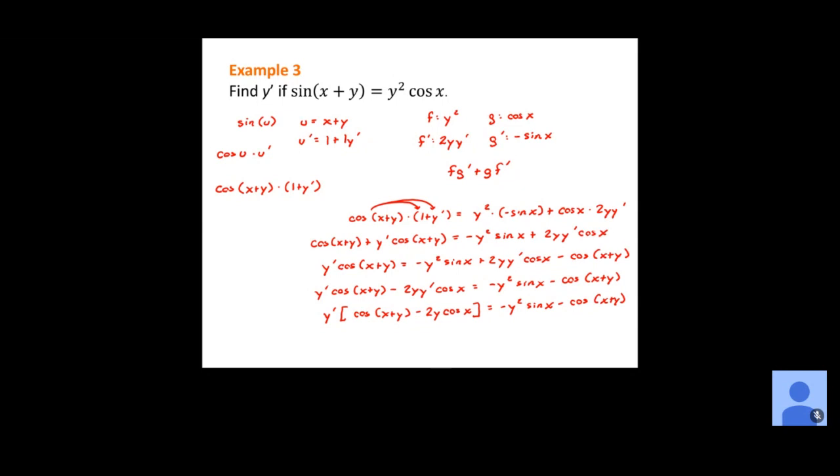And so then our last step is to do what? Good. Go ahead and divide everything in those brackets.